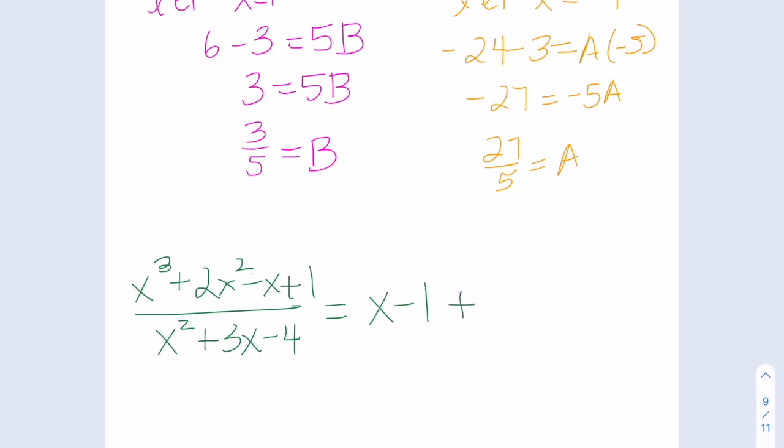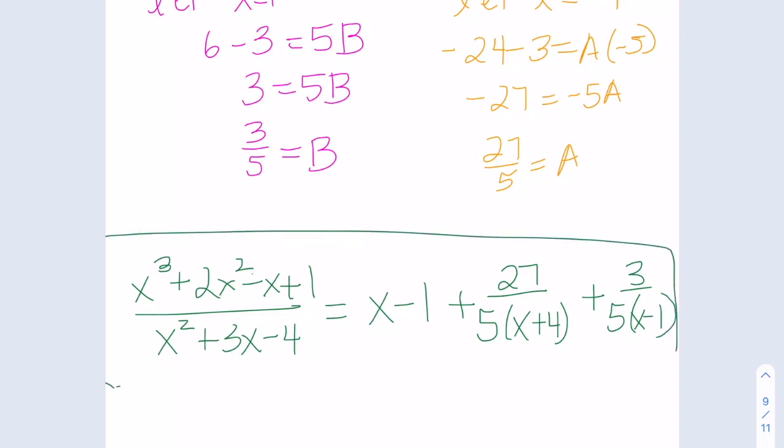And then we had 27/5 for our a, over x plus 4 in the denominator of that first fraction. And then for our b, it was 3/5, and that was over x minus 1.